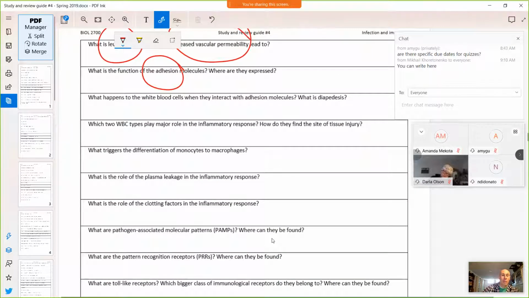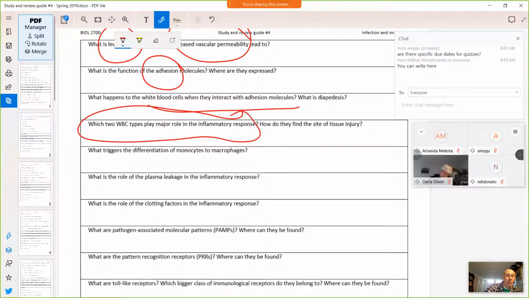So when white blood cells interact with adhesion molecules, they adhere to the endothelium, and then they undergo diapedesis, which means they migrate into the tissue. Two main types of cells that play a role in such inflammatory response are macrophages and neutrophils. And basically adhesion molecules are how they find the site of the tissue injury.